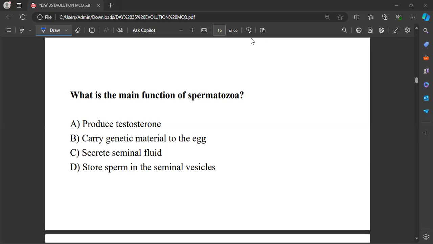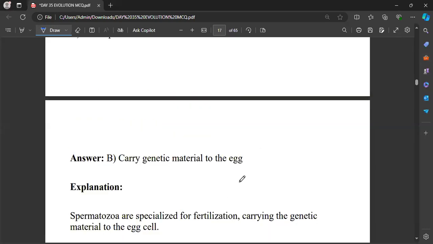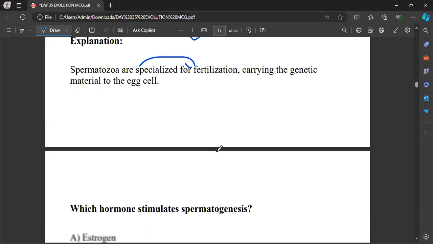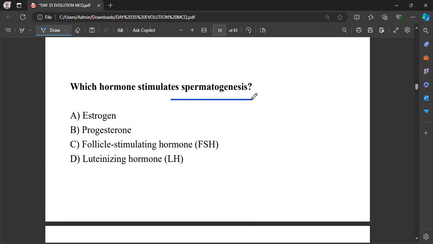See, if you answer quickly, we have some baggage from yesterday's class, evolution, and we have to go through the question paper questions. So just answer me quickly. The main function of spermatozoa: it carries genetic material to the egg, because it is the one that is going to fertilize the egg, right? Which hormone stimulates spermatogenesis?